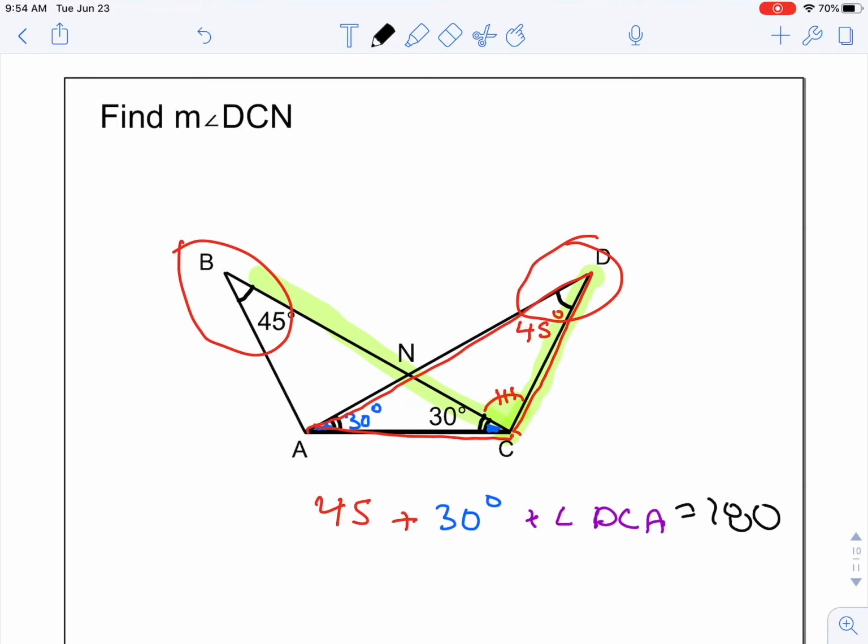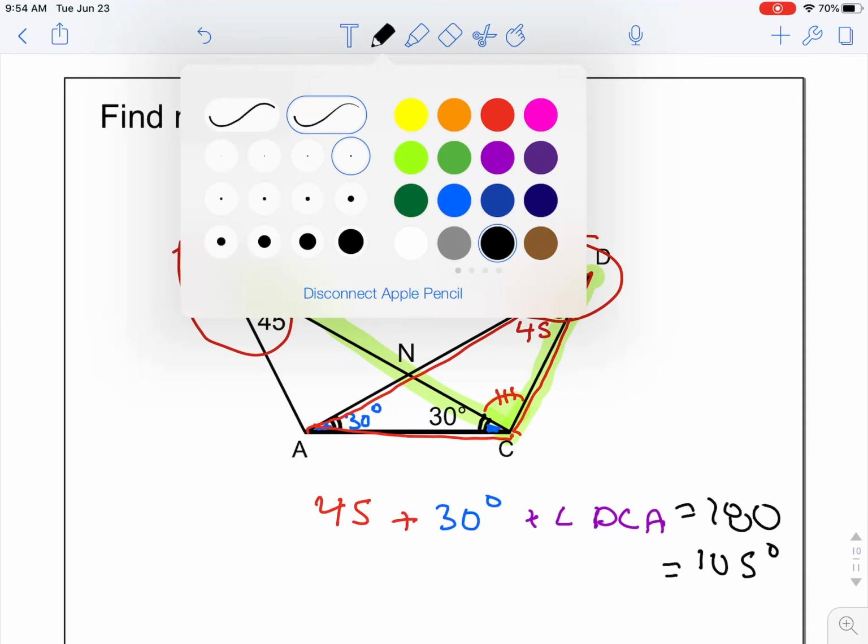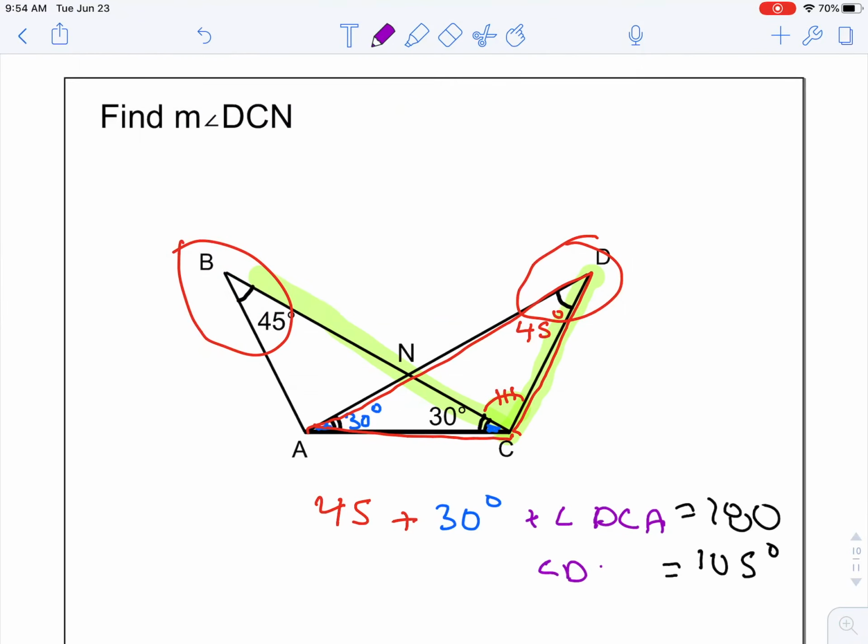So now, if I subtract 75 from 180, I get that angle DCA is equal to 105 degrees. So this whole angle right here is equal to 105.